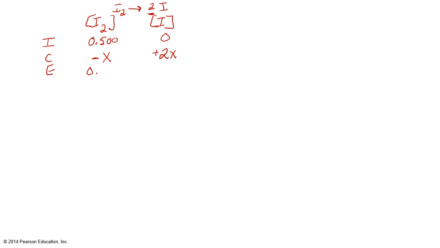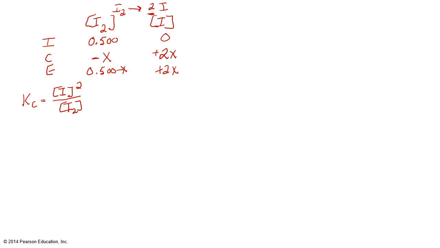At equilibrium, we have 0.5 minus x and 2x for our product. So our equilibrium constant is I squared, because of the coefficient, over I2.